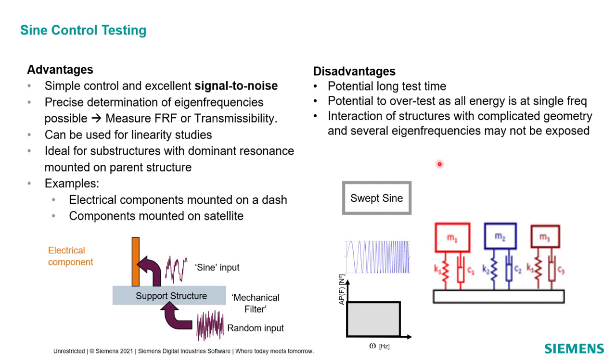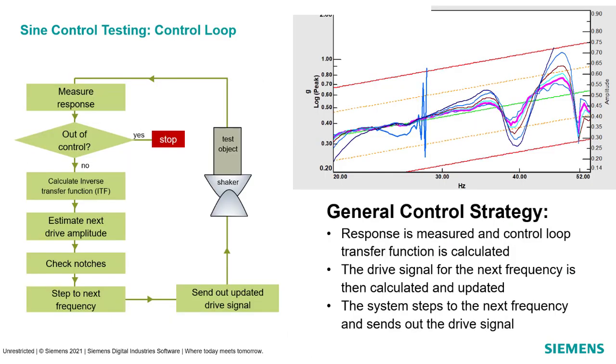There's only one single frequency excited in only one direction, which may not represent real conditions. So you're not reproducing the operational conditions with good fidelity, potentially. There is potentially some interaction with the different components situated on the structure, so you're losing that interaction when you excite only at one single frequency.